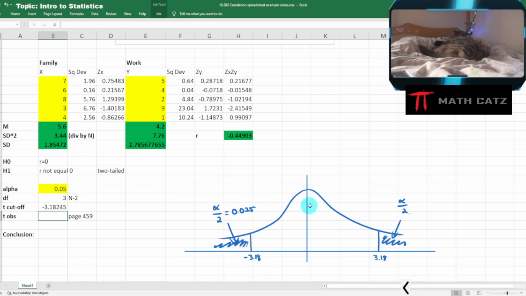It suggests that the distribution is centered a little bit further away, and the true population parameter is not 0. There is actually a correlation. So let's see, how do we calculate that? Well, this formula is somewhere in all the books.